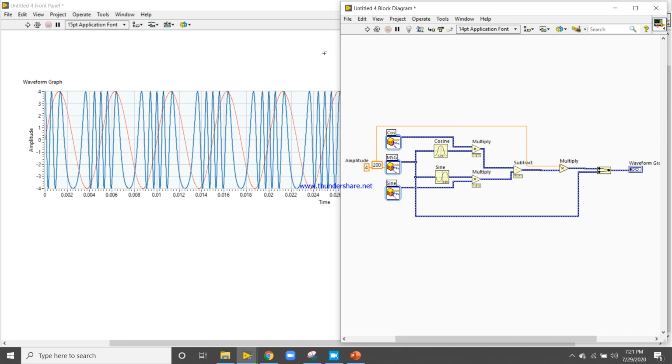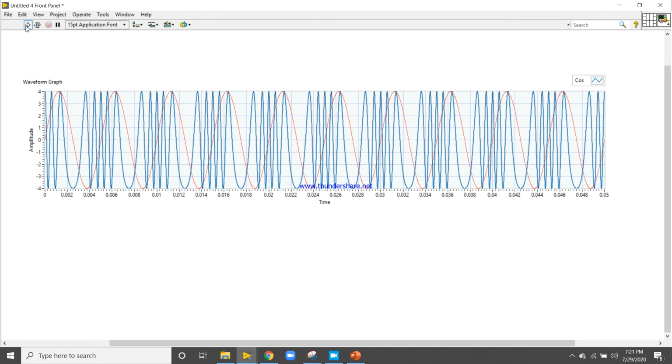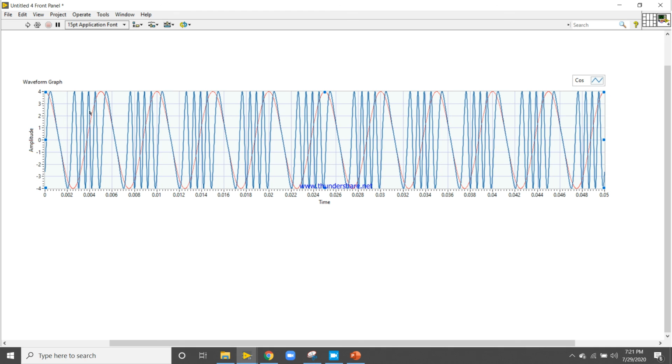Come into the front panel and try to run. Now you can see when it goes downwards, when it is increasing, when decreasing, when increasing. So this is the complete frequency modulation concept.